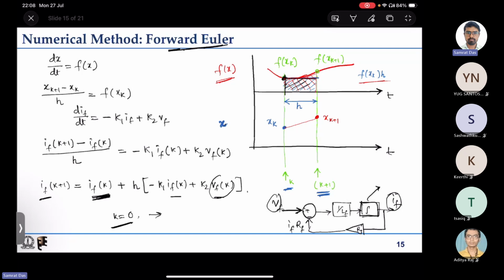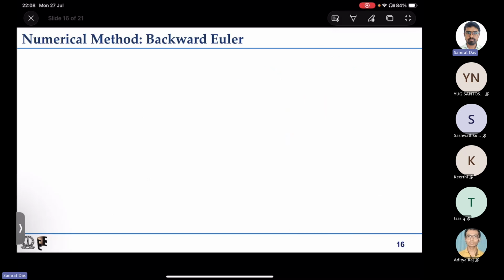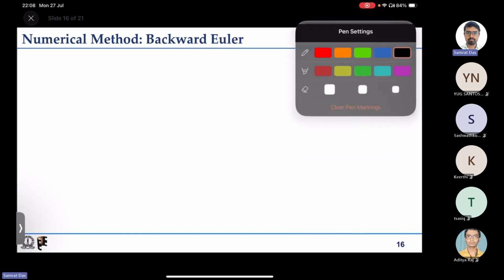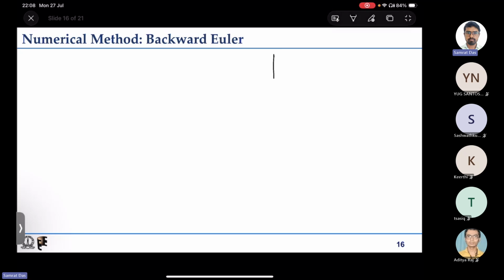Now let us go towards the next method, which is known as backward Euler. In this case, similar to the previous case, we will discuss the graphical understanding first. Let us start from the equation, dx/dt equal to f of x. The left hand side remains the same, xk plus 1 minus xk divided by h.